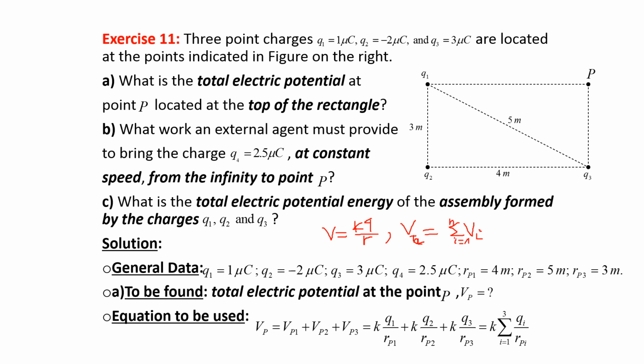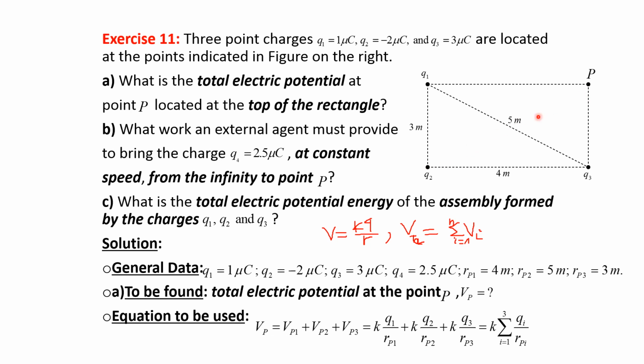So the potential at point P equals the potential due to charge 1 plus the potential due to charge 2 plus the potential due to charge 3, equals KQ1 over RP1 plus KQ2 over RP2.